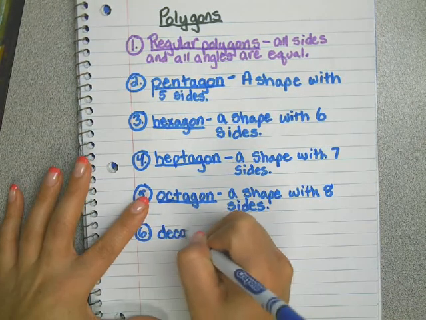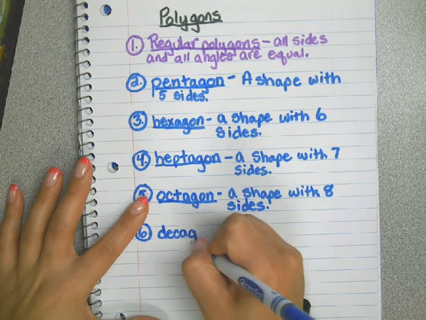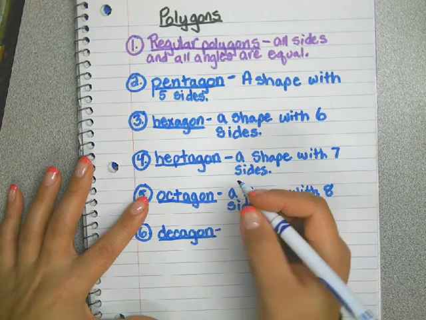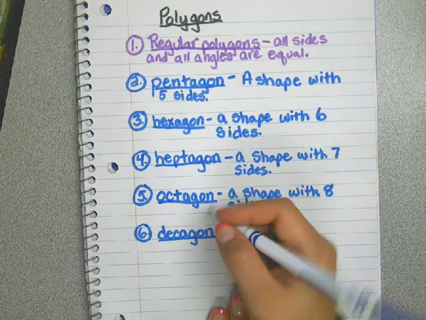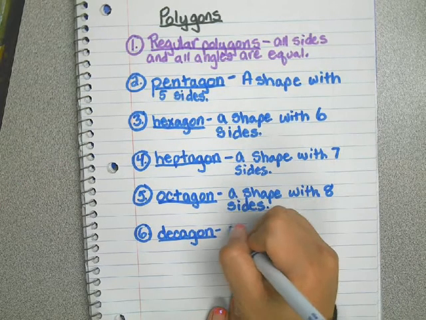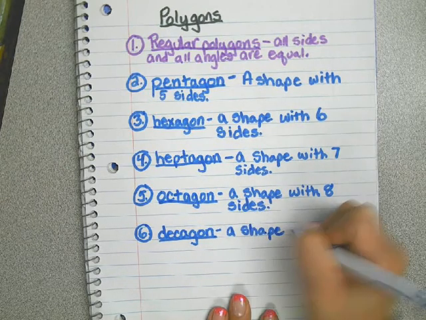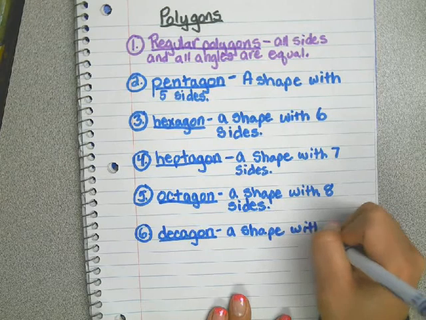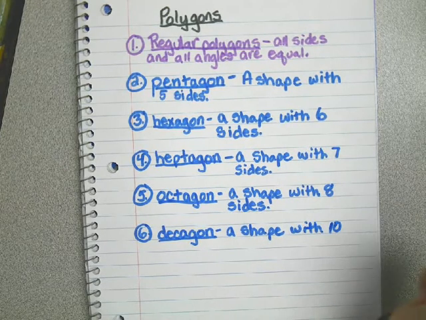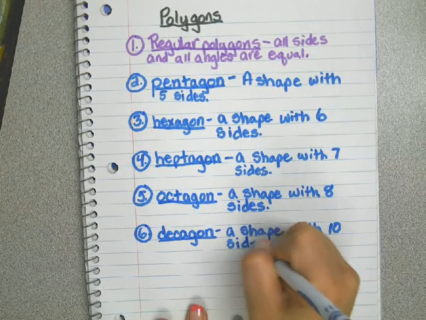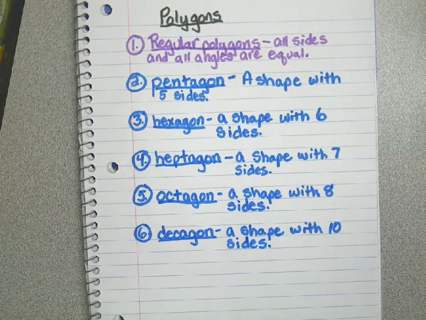It is like a decade. How many years are in a decade, guys? 10. So think about, what is it, Jada? A decagon. Hey, write it down. Alright, so a decagon, a shape with 10 sides.